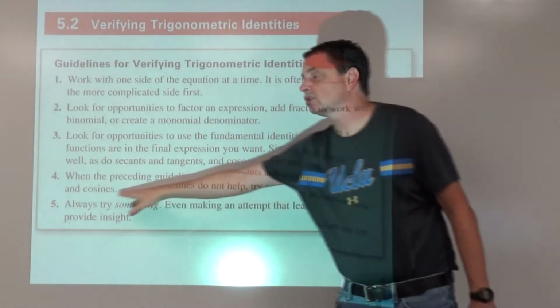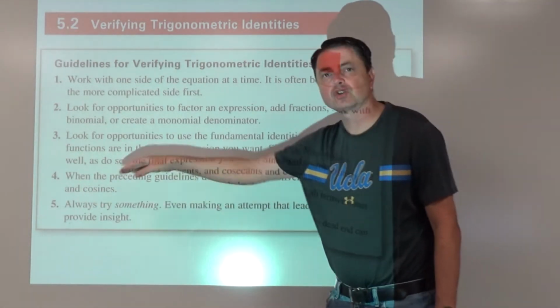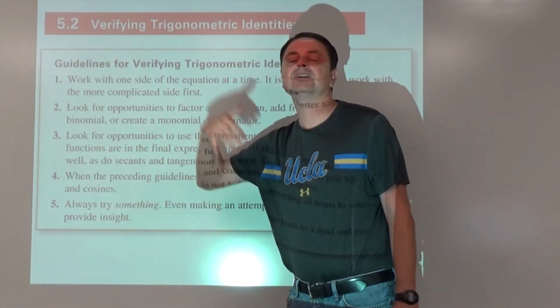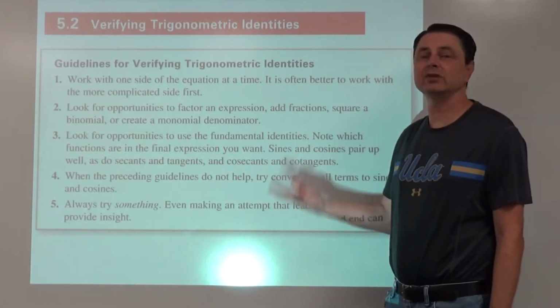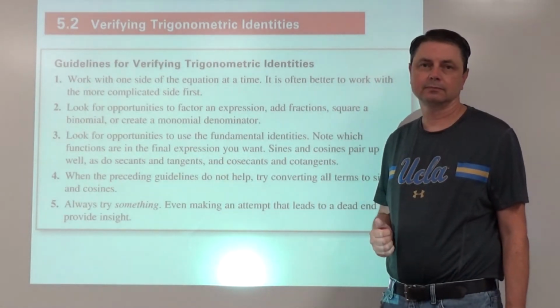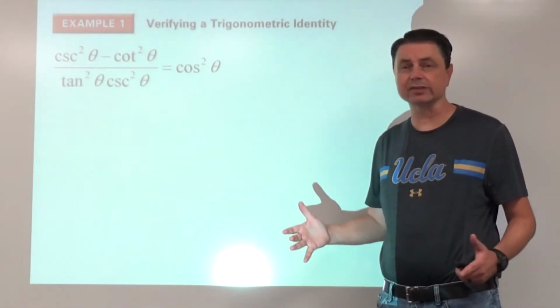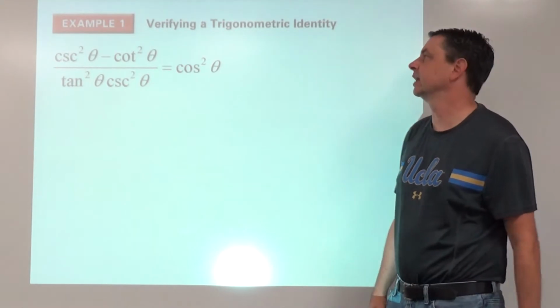Maybe try just do sines and cosines. Always try something, even if it doesn't work. It might give you some insight into what might work. Essentially, it's like a puzzle that we're trying to make fit together.